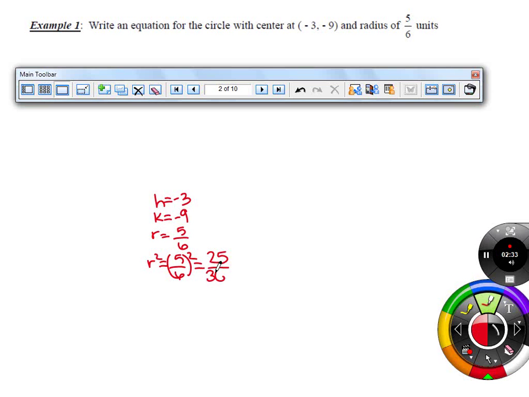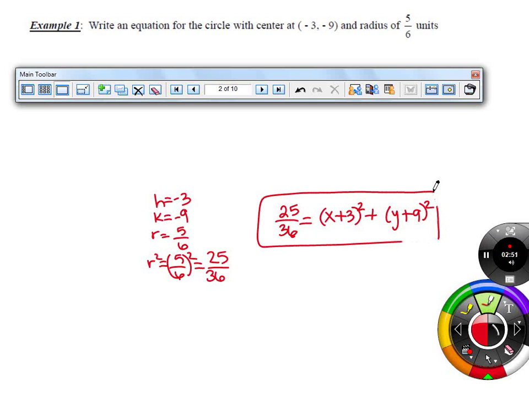So my equation for my circle is going to be 25 over 36 equals x minus -3, so that's going to look like x plus 3 squared, plus y minus -9, so that's going to look like y plus 9 squared. So then I have my equation.